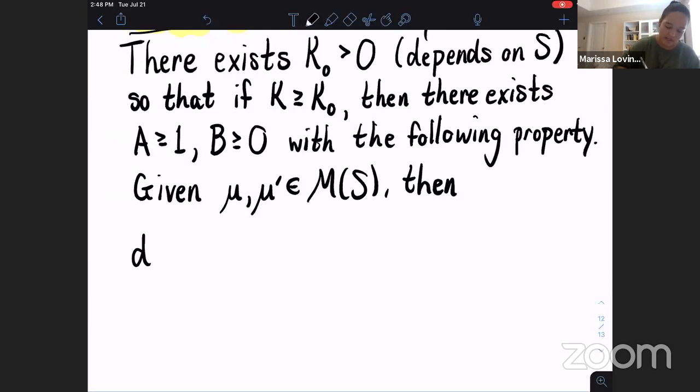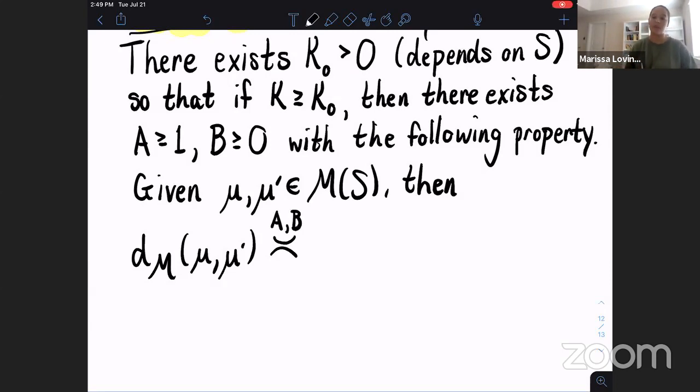Their distance in the marking graph is coarsely equivalent. A is my multiplicative constant and B is my additive constant. So this is equivalent up to multiplicative and additive constants, consistent with our theme of quasi-isometries.